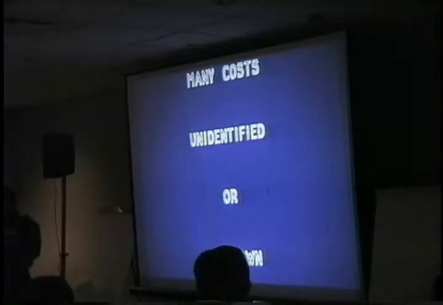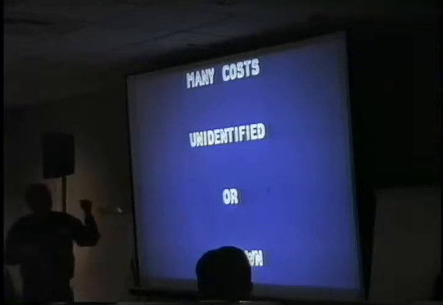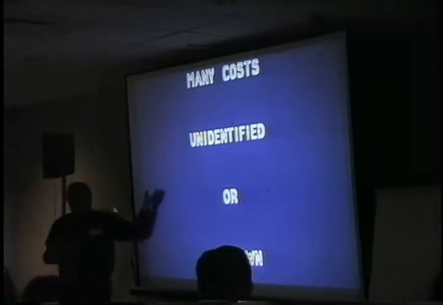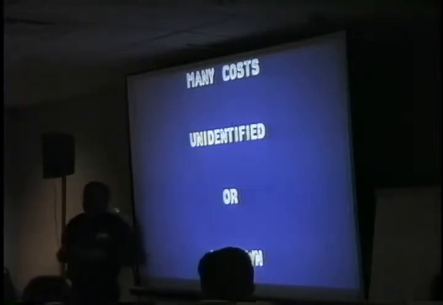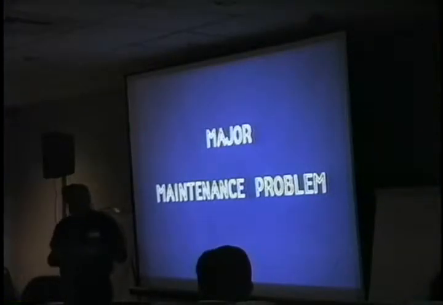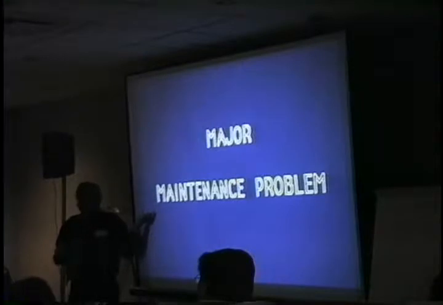But those things were being applied to correct some of these slope failures, so a lot of these costs were not really identifiable. But the bottom line was that it was a major maintenance problem for a lot of these state DOTs.